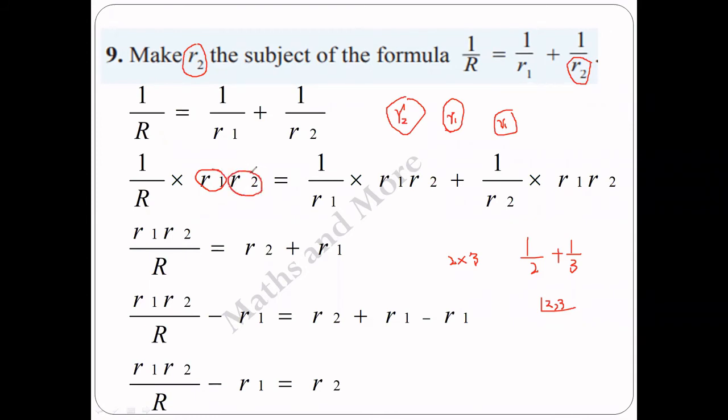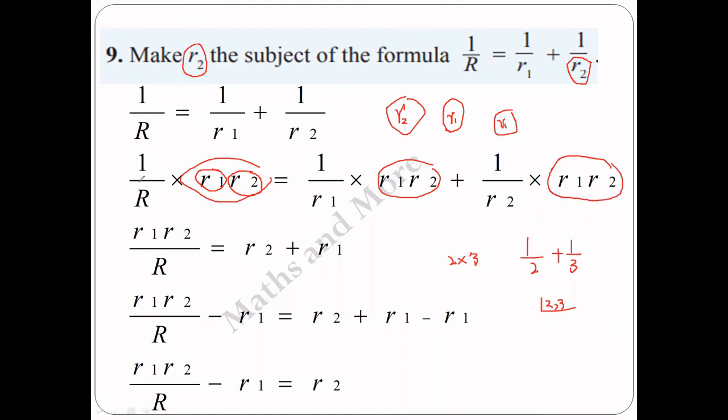R1 into R2 is the LCM. I will multiply all the parts of the formula by the LCM. Multiply all the parts by R1 R2.